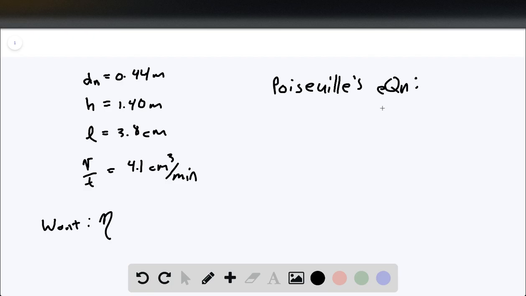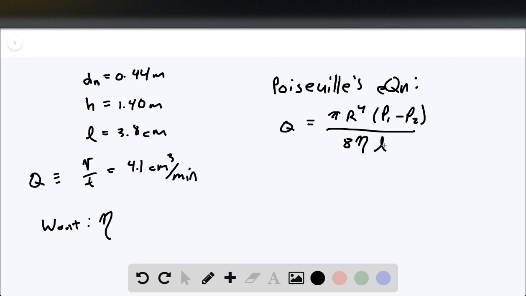I just shortened it for Poiseuille's equation. And in that equation, Q is how we label the volumetric flow rate. And this equation came from experimental research.